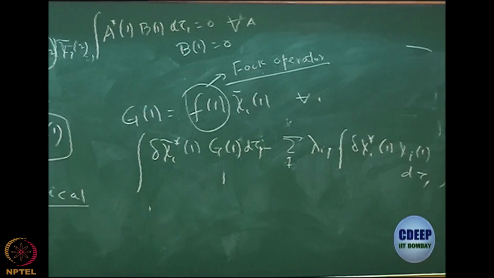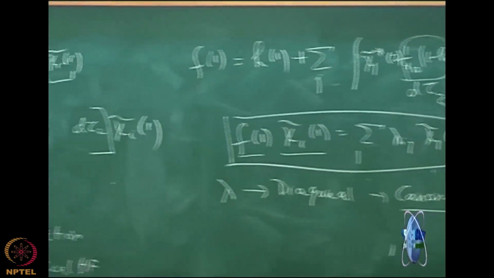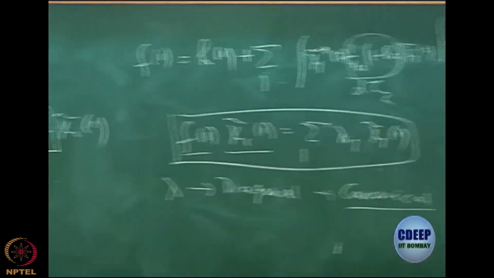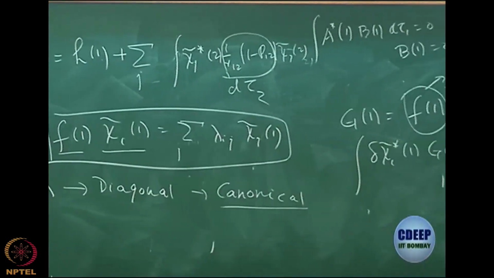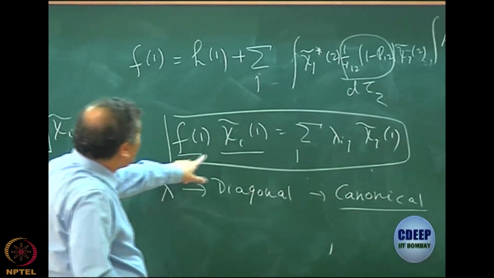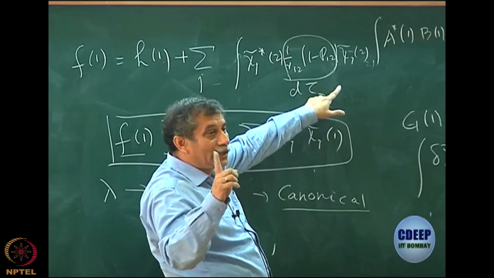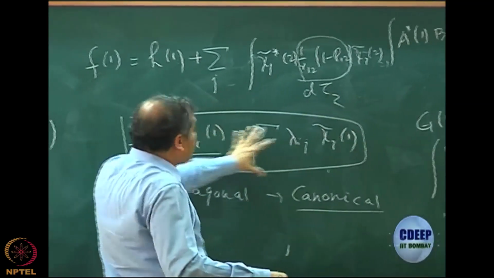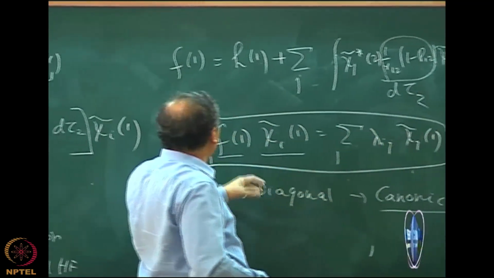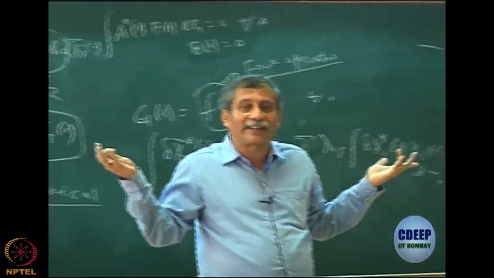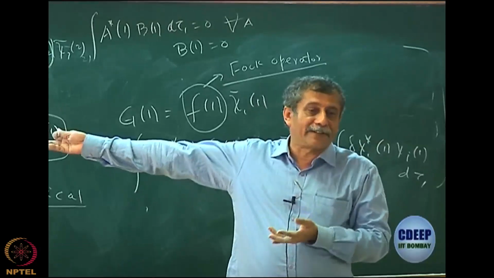One important thing to note, however, is that this Fock operator is not defined offline, because to define the Fock operator, I need the chi j. This is a very important part to note. Even if this were an eigenvalue equation, normally what would you do? I have an operator, just diagonalize, and I will get chi i tilde 1. But here you can't, because your operator is not defined.